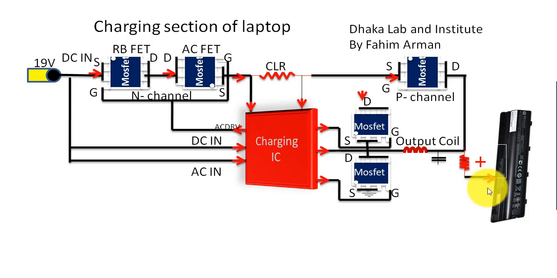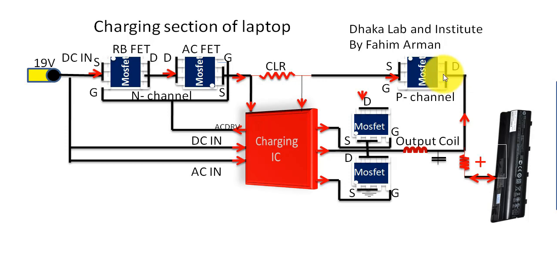When the battery is charged enough, the battery will discharge and provide backup to the motherboard. The battery backup will pass from the battery through a resistor to the drain of the MOSFET. This is the discharging MOSFET, as you already know.